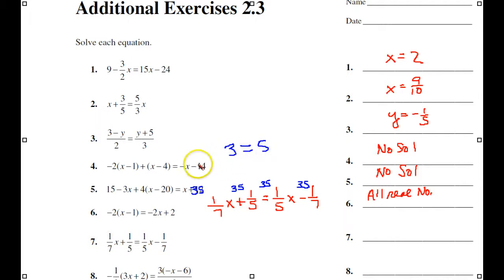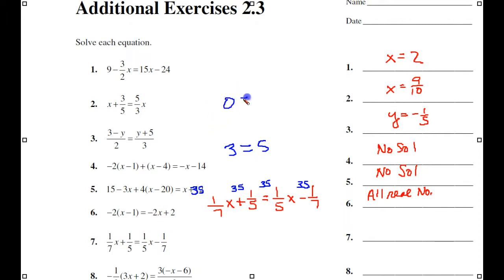After you did it, the x's would cancel out, and you would have 3 equals 5. Well, is that a true statement? And the answer is no. So when you end up in your equation, solving the equation with a not true statement, then the answer is no solution.